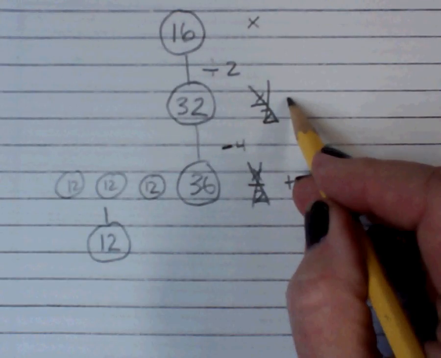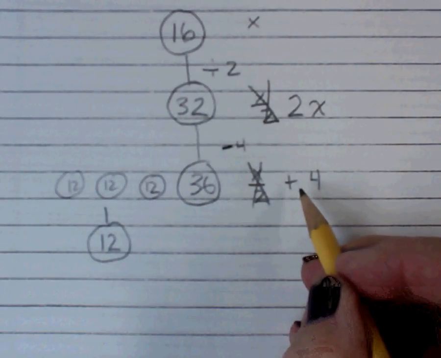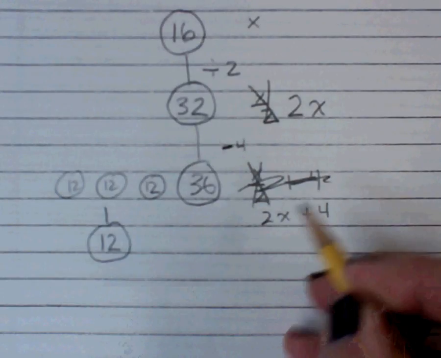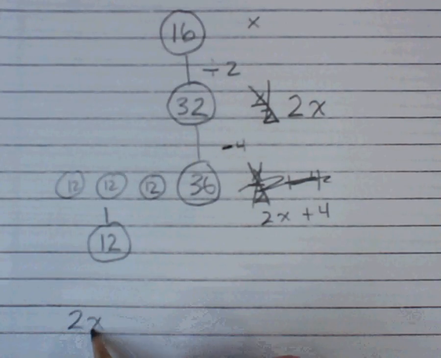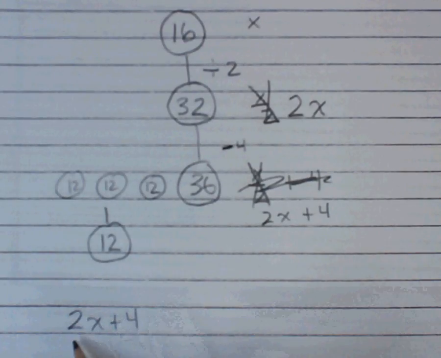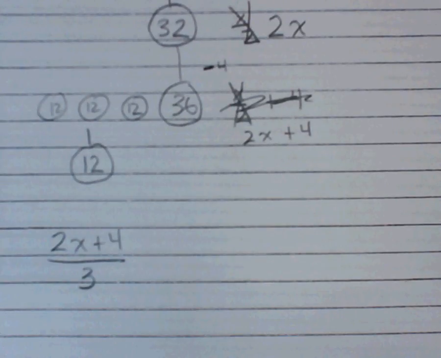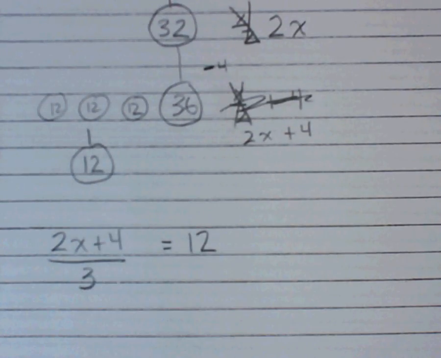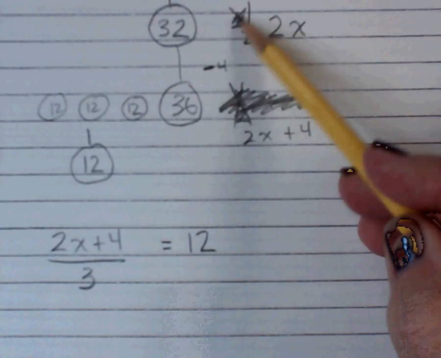What am I saying? This is 2x. Then we added 4. So we'll just cross that off and write 2x plus 4. And then finally we divided by 3. So our equation was 2x plus 4 divided by 3. That's the expression that tells the steps that we took, and what we ended up with was 12. Sorry for the mess. Math can get messy.